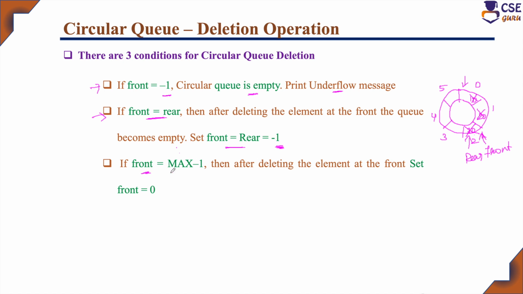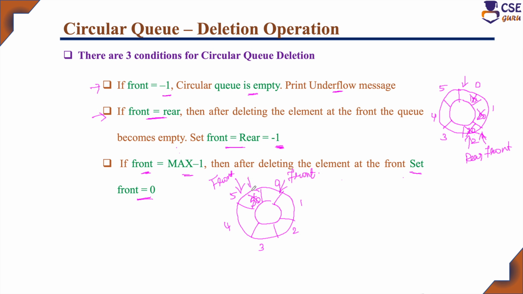Next, if front is equal to max -1. Suppose this is the circular queue and front is pointing to the max -1 position. Now front is pointing here. This is 0, 1, 2, 3, 4, 5. Front is pointing to the max -1 position, and some element is there. After deleting the element at the front, set front equal to 0. In this case, if you want to delete that element, after deleting, set front to 0.